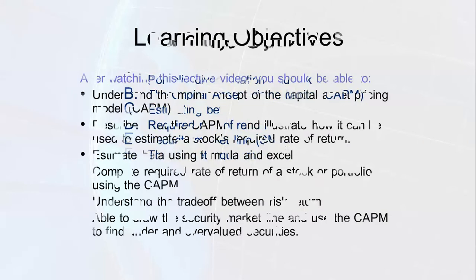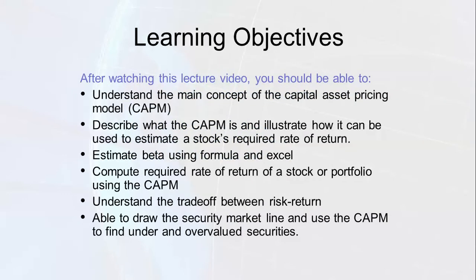So after watching this lecture video, you'll understand the main concept of the capital asset pricing model. Describe what the capital asset pricing model is and illustrate how it can be used to estimate a stock's required rate of return. Estimate beta using a formula in Excel.